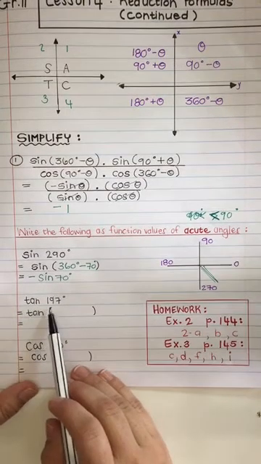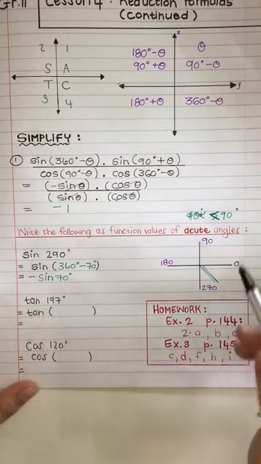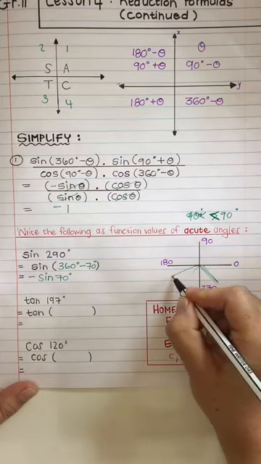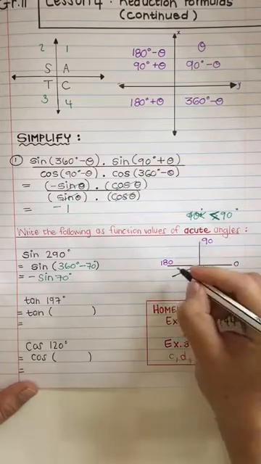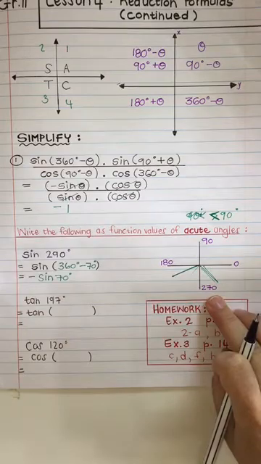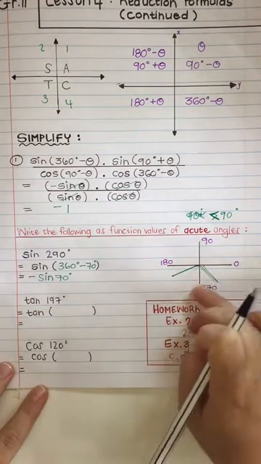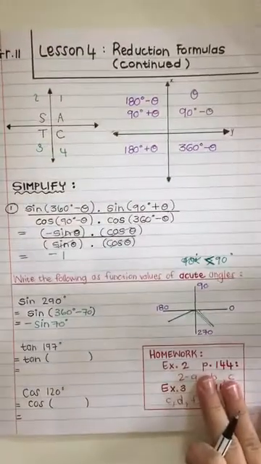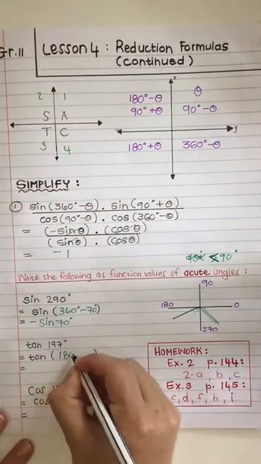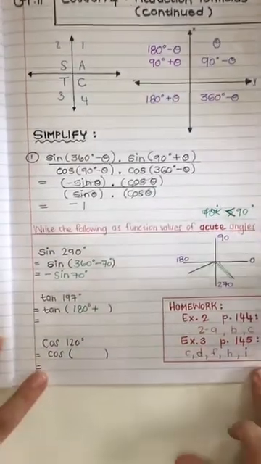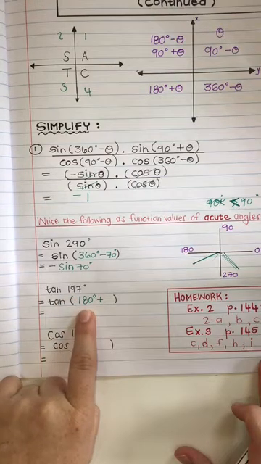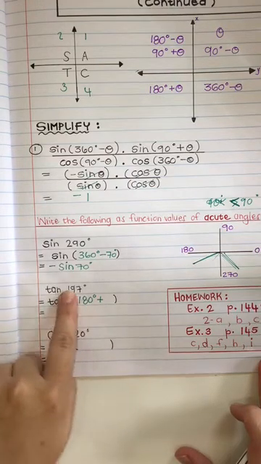Okay, do you see guys, it's actually not that hard to apply this work. Okay, tan 197. Guys, 197 is going to fall in this quadrant, because it's between 180 and 270. And when we work in the third quadrant, over here we work with 180 plus theta. So we're going to say 180 plus, what we add to 180 to get to this.